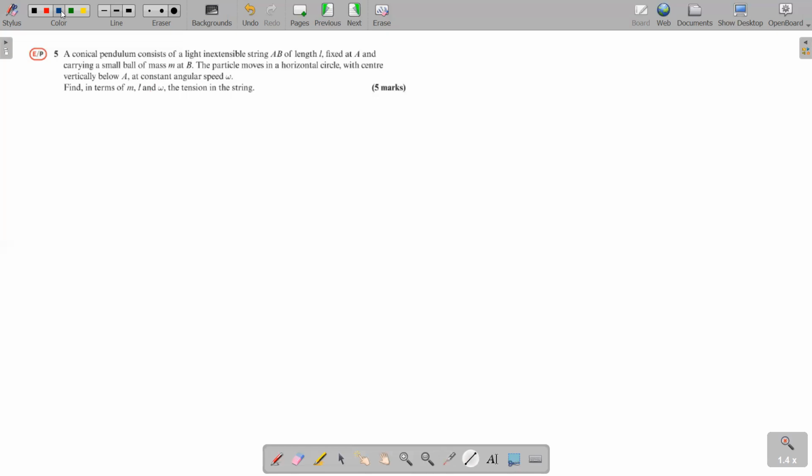So you have a fixed point A, and then you have the particle. So you have the pendulum, and you have a particle moving in circular motion.